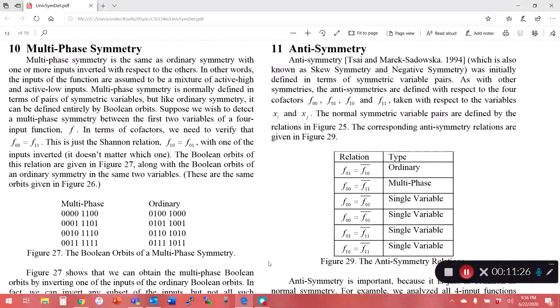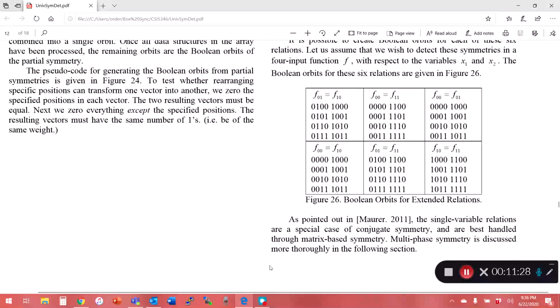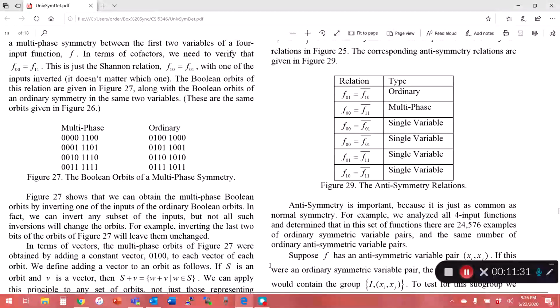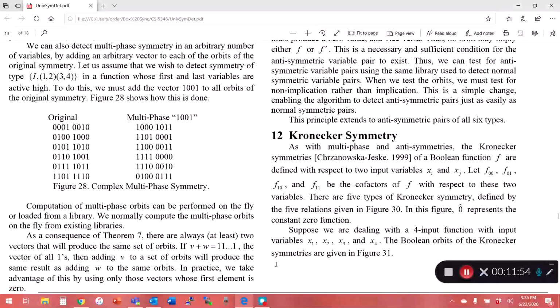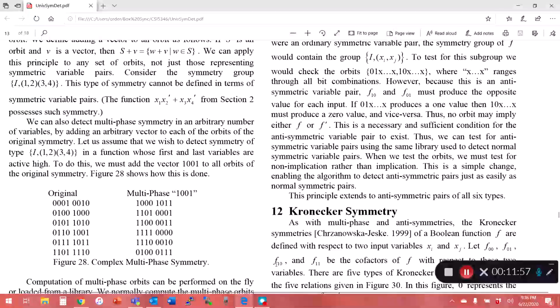Multi-phase symmetry. It should be of no surprise that if we can handle all of the symmetric variable pairs, we can also handle multi-phase symmetry. It's simply a special case of the previous table. We can also detect complex multi-phase symmetry. That's if we have 2 variables that are inverted with respect to the other 2.